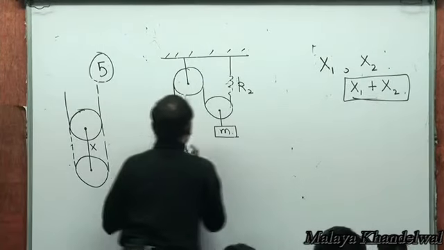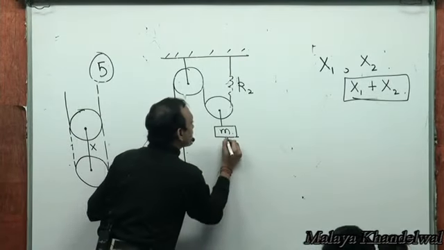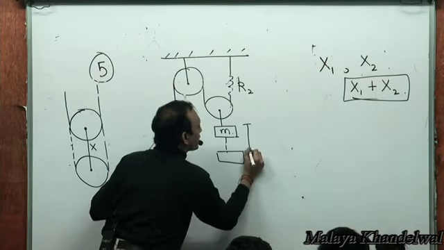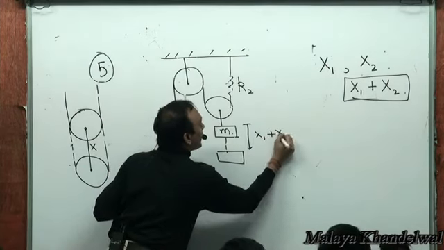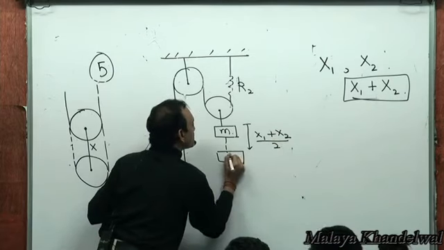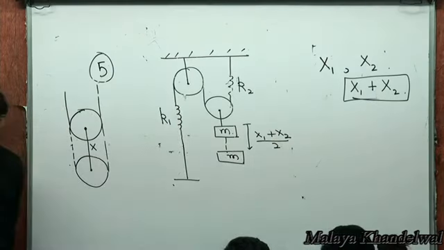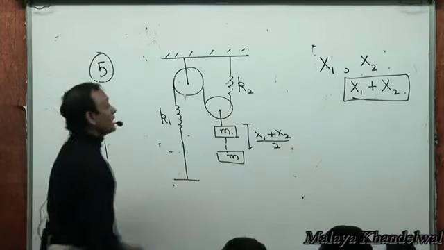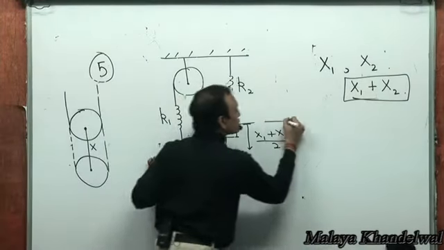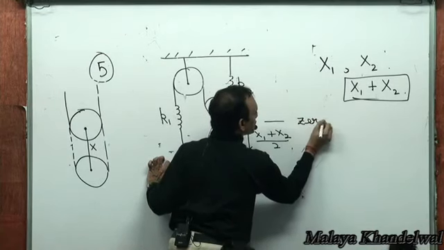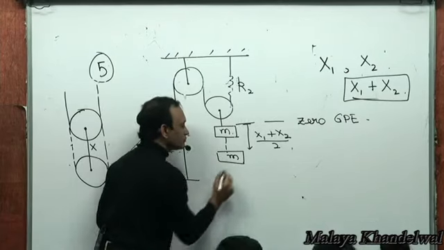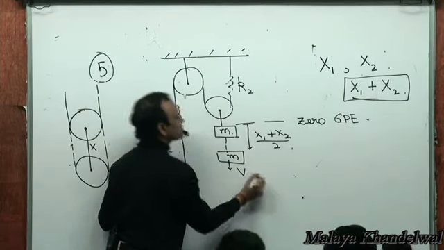So the mass must have descended by an amount (x1 plus x2) by 2. And by the time it descends, suppose this was 0 GPE, gravitational potential energy, the mass has developed a velocity v.